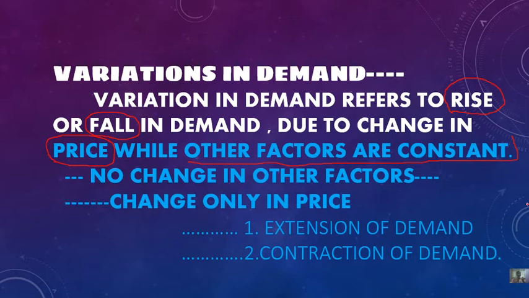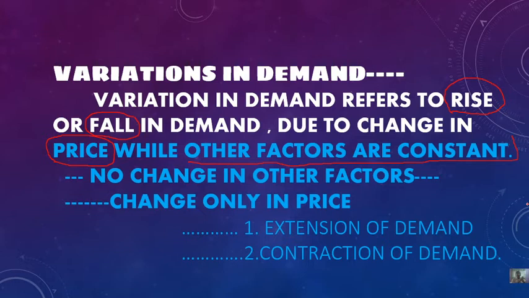So there is no change in other factors, all other things remaining constant. As per the statement of law of demand, other things being constant, higher the price of commodity, lower is the quantity demanded, and vice versa.